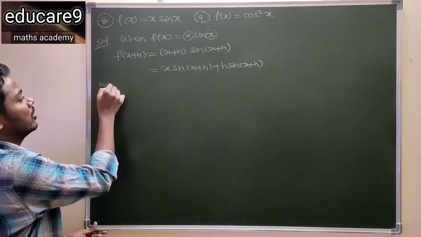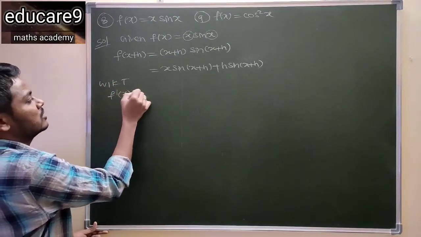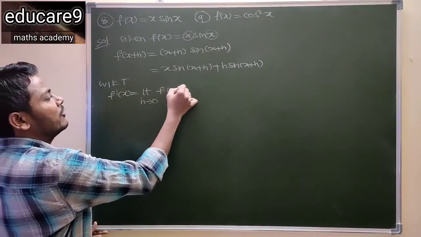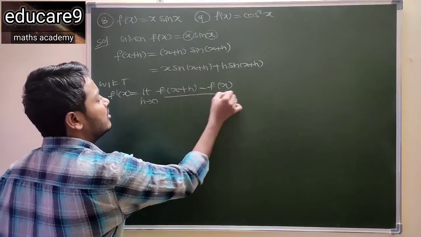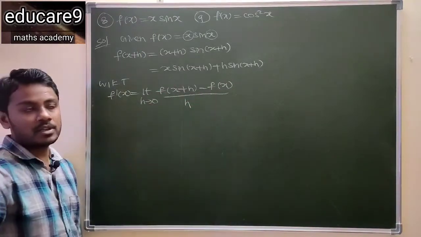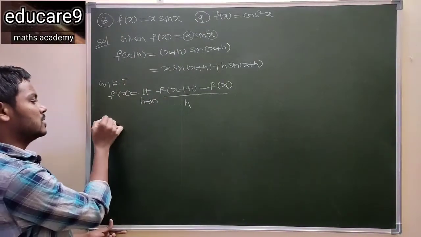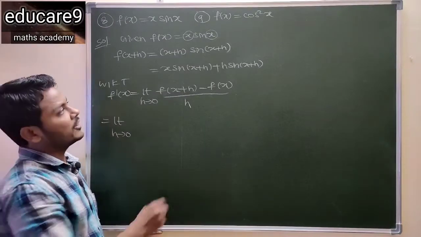So therefore, you know that f dash of x is equal to limit h tends to 0 f of x plus h minus f of x divided by h. So substitute both the functions in the first principle. So this is equal to limit h tends to 0. What is f of x plus h value?